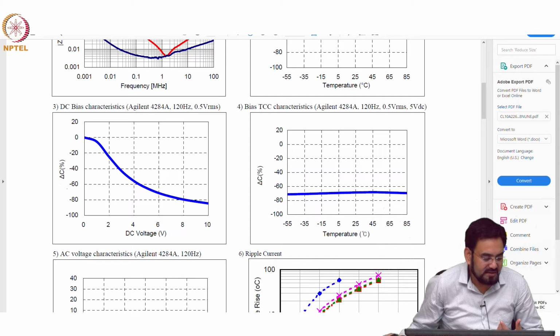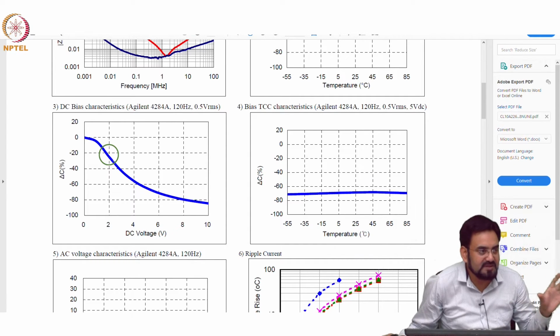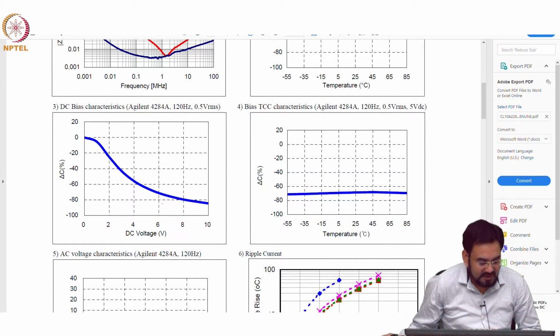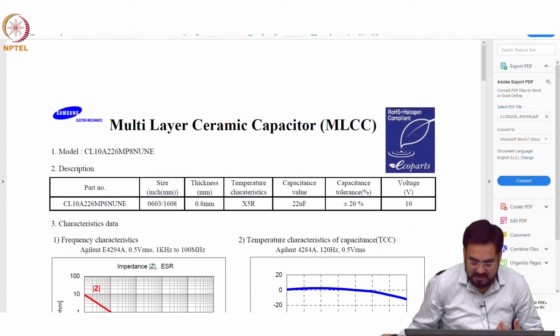Here your capacitor is at 100% at 0 volt, at 2 volt it has dropped below 20%, I mean, 80% of the total value, and at 8 volt around 20% is left, like a 5 times reduction. So, you have to be a bit careful when choosing the cap. What is the rated voltage of this? 10 volt.